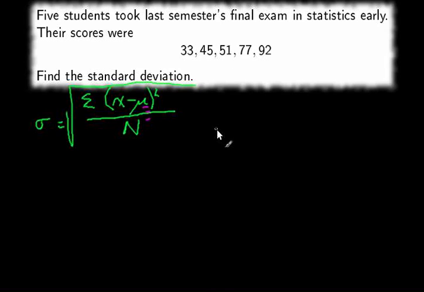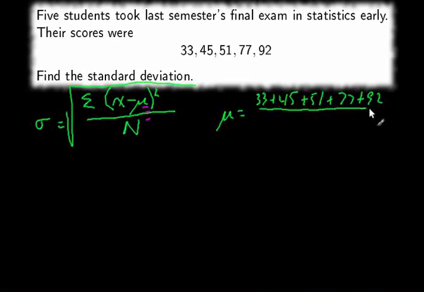We'll calculate mu, which is the sum of the data divided by the number of data. So that would be 33 plus 45 plus 51 plus 77 plus 92 divided by 5, and we have 59.6.